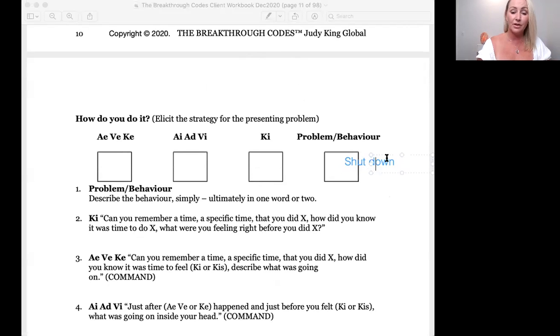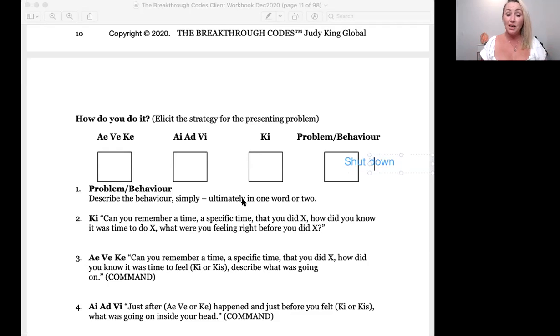So that would go there in the box. You describe the behavior simply, ultimately in 1 or 2 words, and they'd say shut down. Okay, cool. So that's the behavior of the problem.